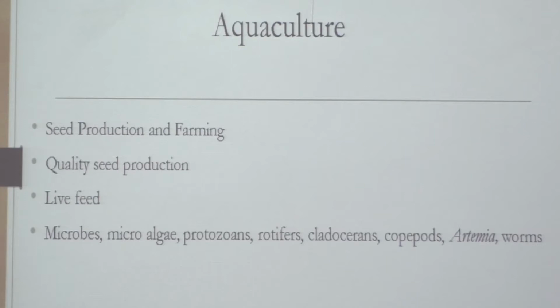So here in this lecture we are going to see the importance of this live feed. And this live feed consists of microbes, microalgae, protozoans, rotifers, cladocerans, copepods, artemia, and worms.